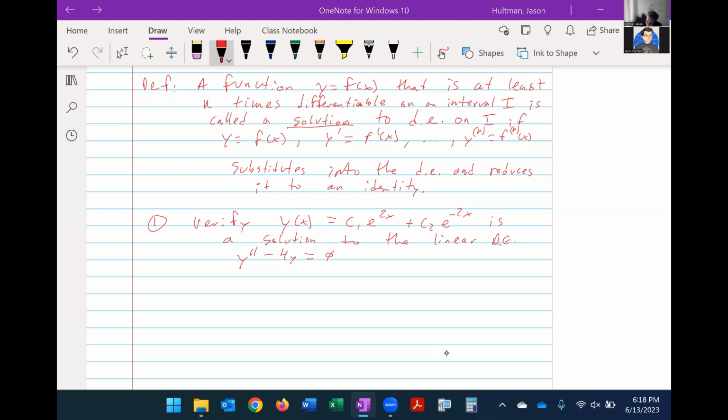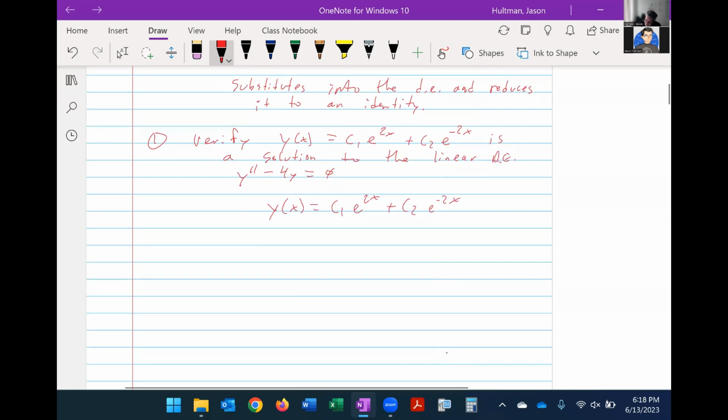So let's look at our potential solution. y of x is equal to c1 e to the 2x plus c2 e to the negative 2x. Then my first derivative is 2c1 e to the 2x plus c2 times negative 2 e to the negative 2x.